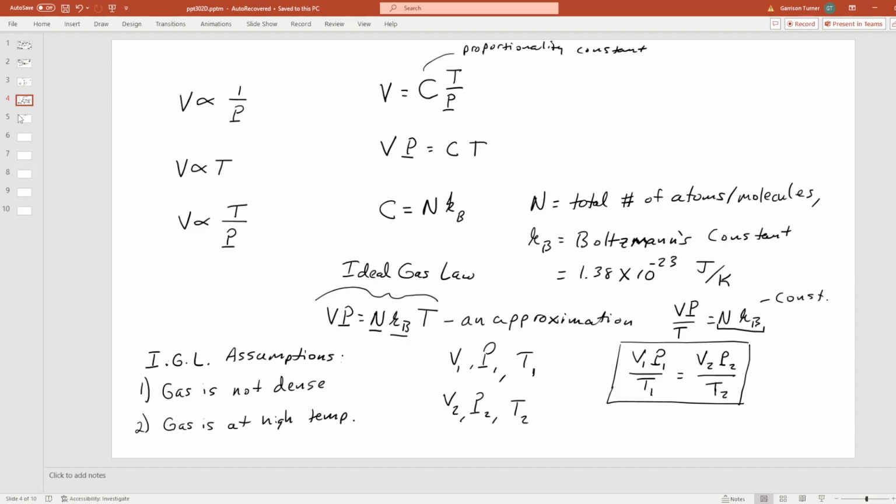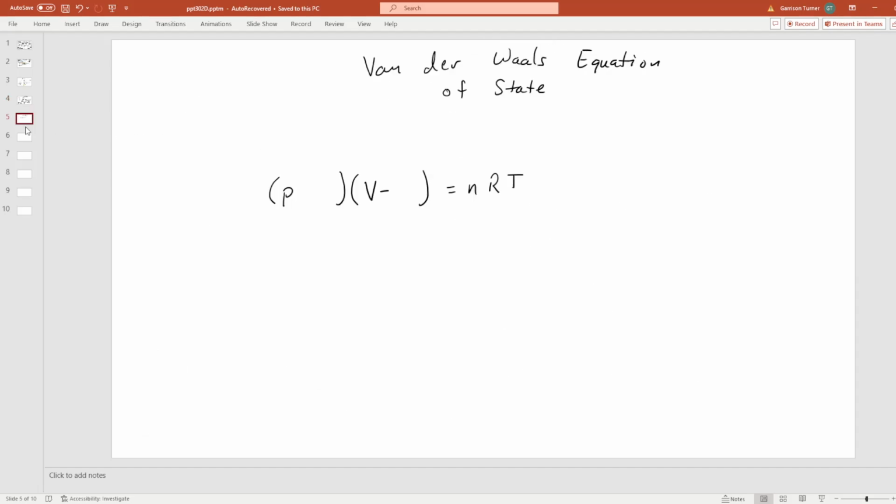So, what happens if we need to expand beyond the ideal gas law? This is where we enter with the van der Waals equation of state, which modifies the ideal gas law.